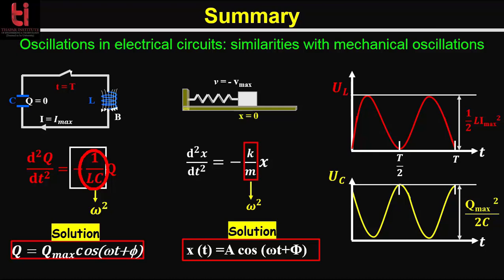So the solution is actually identical, only the physical quantities associated with the differential equation are different. And for this electrical oscillator, the energy contribution is from the electric potential energy stored in the capacitor and the magnetic energy, that is half L I square, stored in the inductor. And as there is no internal resistance, the total energy of the system is constant with time.